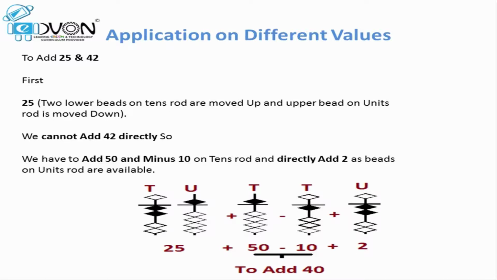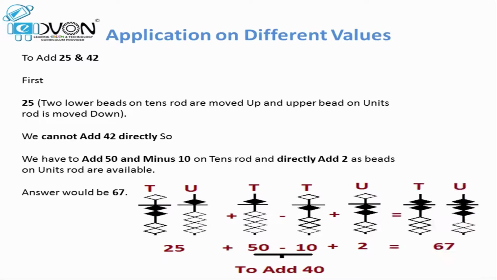As a result, we get upper bead and 1 lower bead touching the calculation bar on tens rod and upper bead and 2 lower beads touching the calculation bar on units rod, which represents the value 67. So our answer is 67. Let's take the same example of 25 and 42 on our hands.